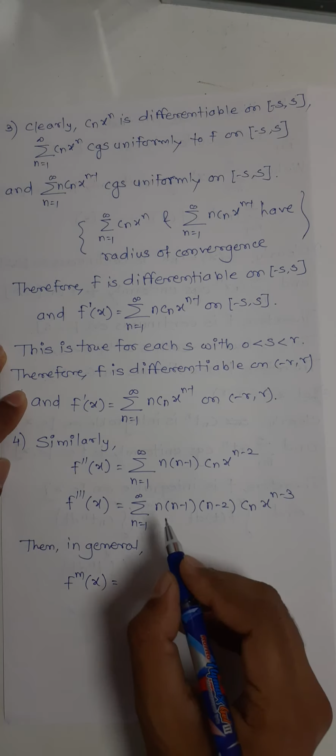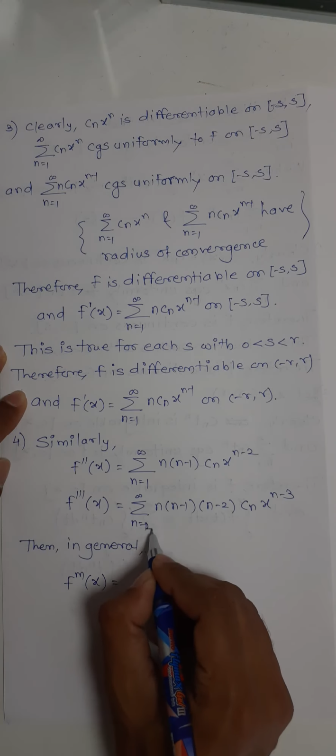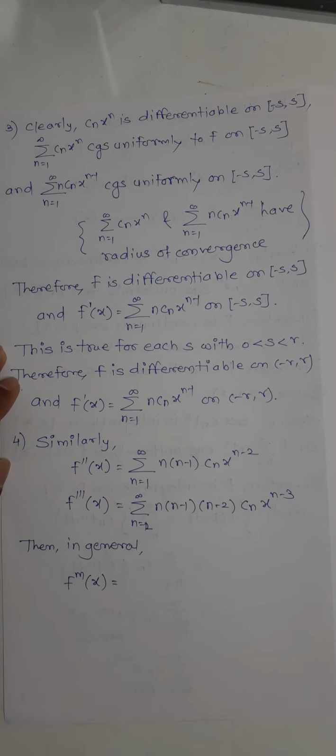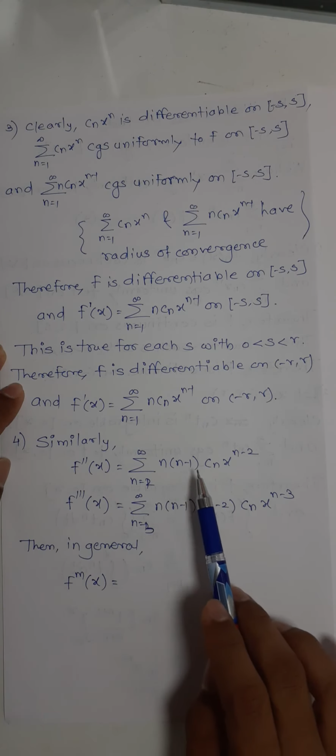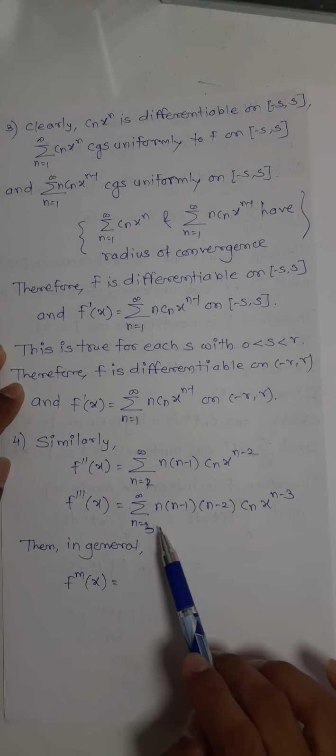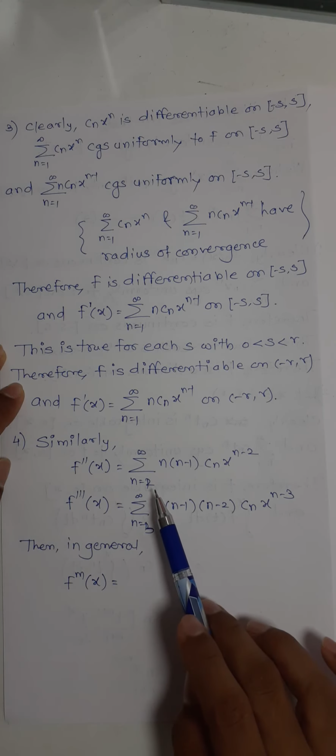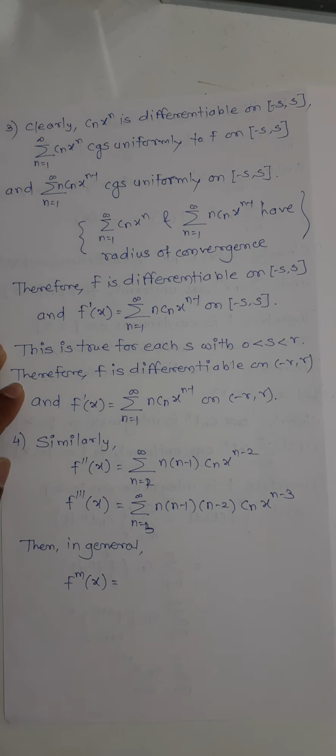Yeah, see actually here I need to write 2. Since 1 is not applicable, otherwise you will have a negative number. Sorry, here we have to write 2, since if you put 1 otherwise you will have 0. So here it should start from 2, here it should start from 3.